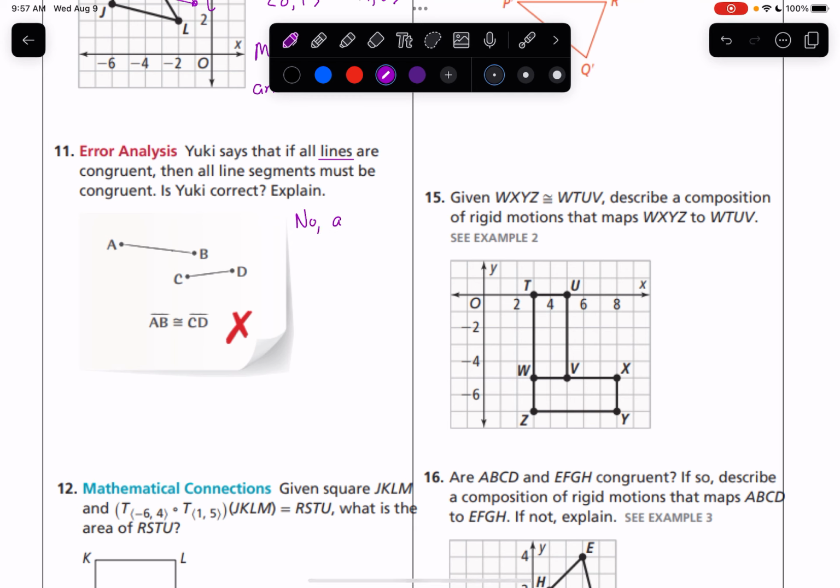We can say all lines have the same length because they are infinite.